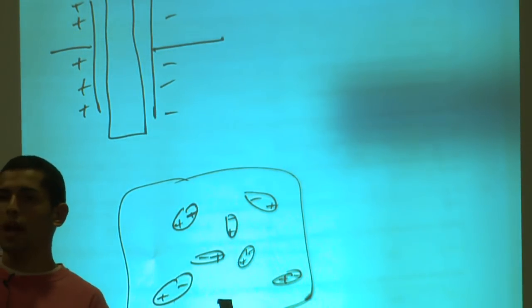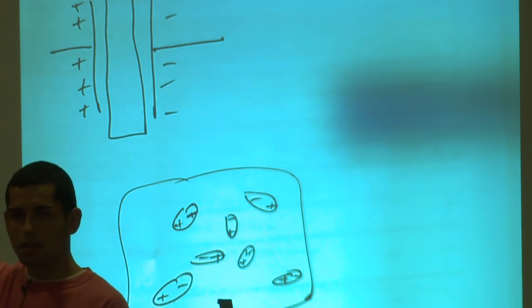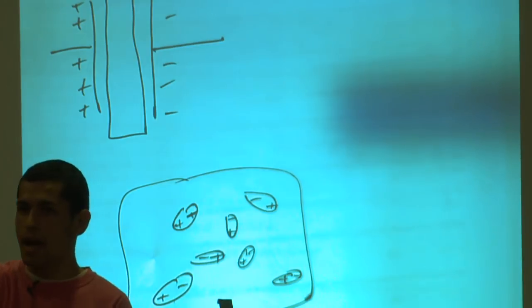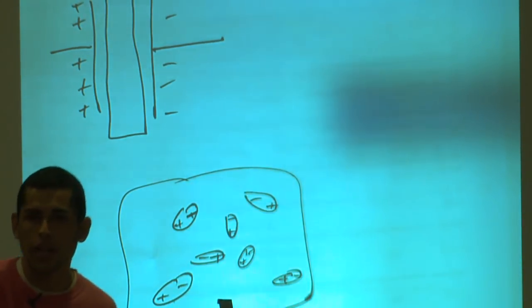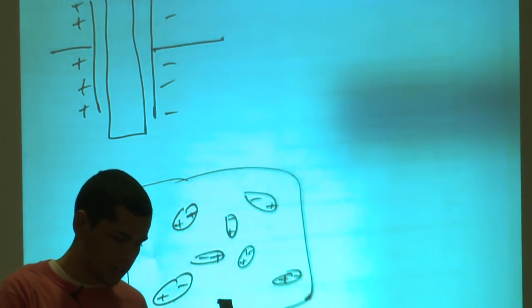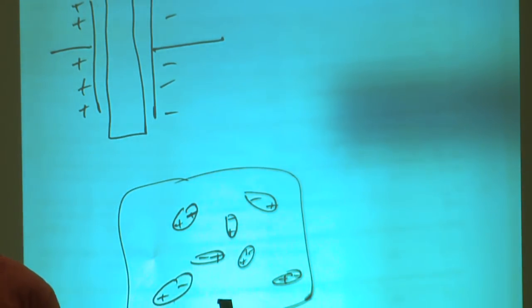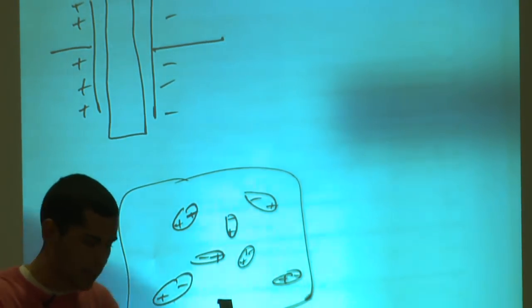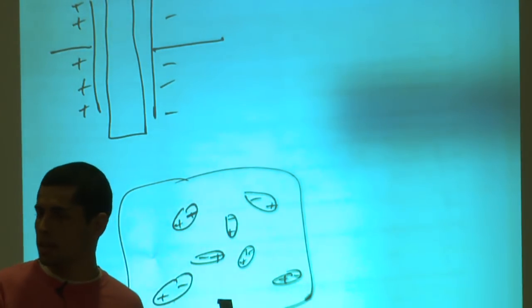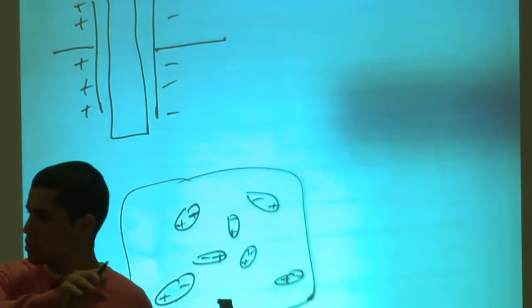Each molecule will act as a dipole inside, and change the magnitude of the electric field inside. They won't flow throughout because it's an insulative material, but they'll kind of move in their respective spot.